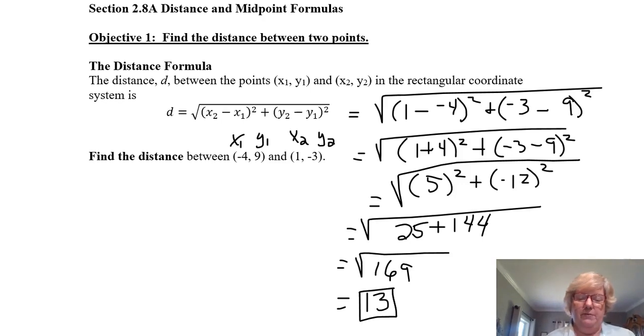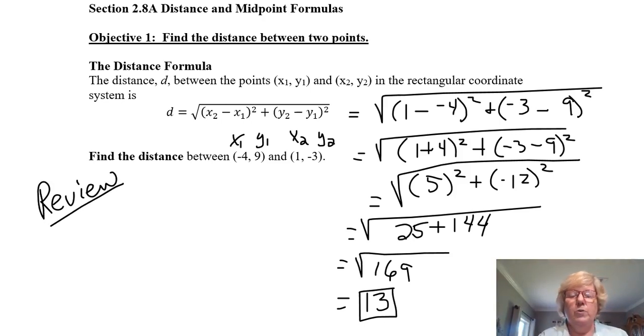This would be simplified. You can use your calculator to simplify, and sometimes you may get a decimal number. Let me just review for you what will happen if you have a number that is not a perfect square. Let's say you're working one of these distance problems and you get the square root of 50 as the answer.